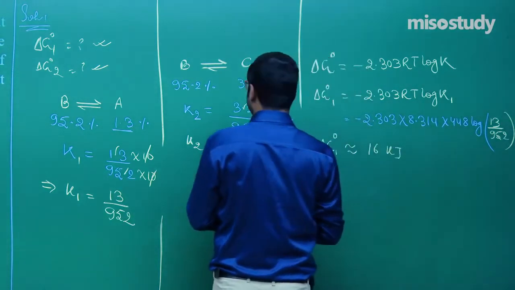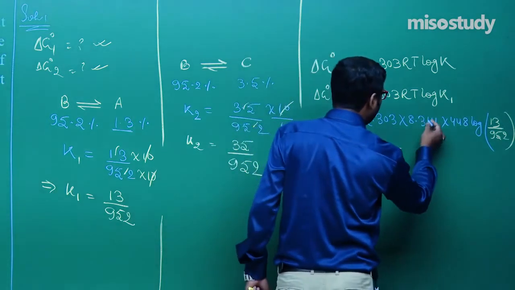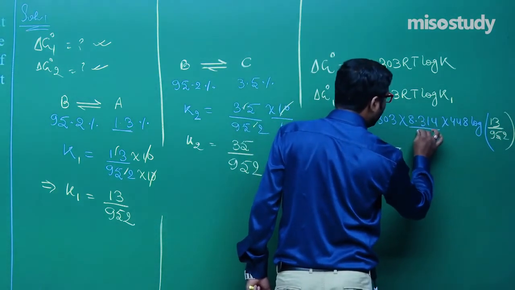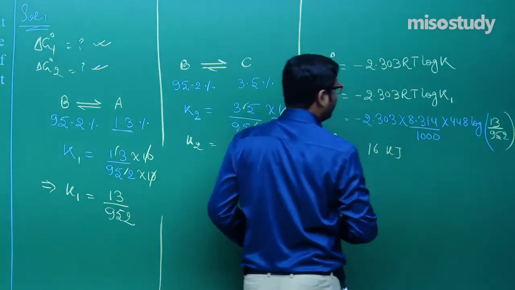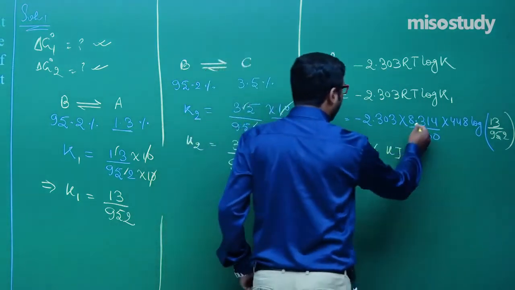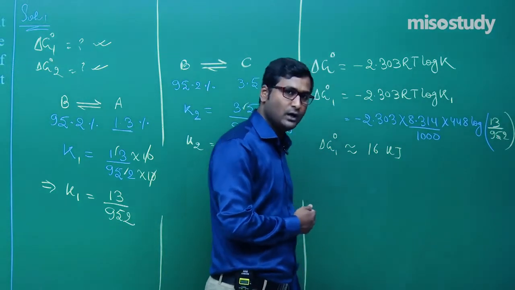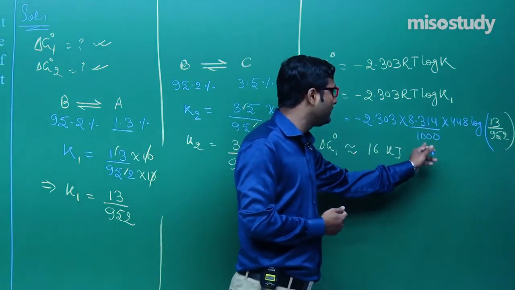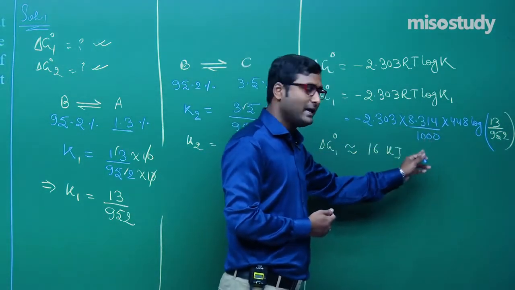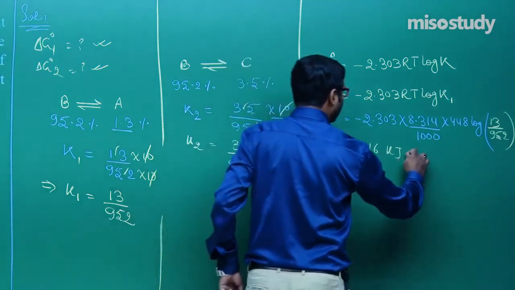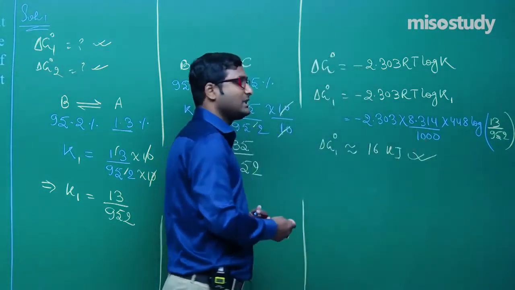Clear to you? 16 kilojoule. When we take joule, that is joule divided by 1000, that is the conversion of R. R is equal to 8.314 joule per Kelvin per mole. How to convert joule into kilojoule: divided by 1000. So the answer of delta G1 is around 16 kilojoule.